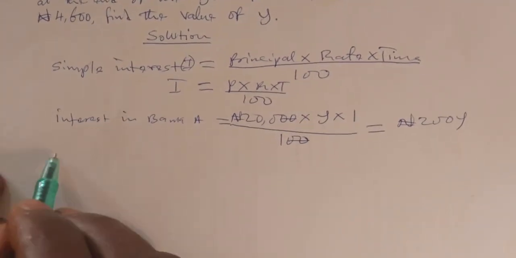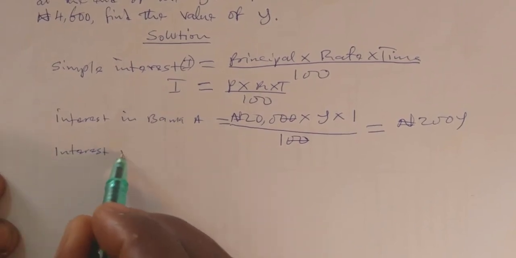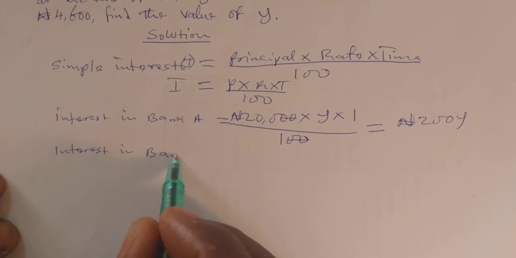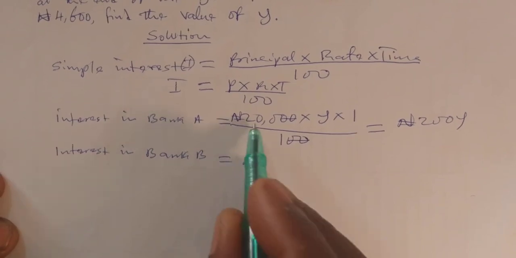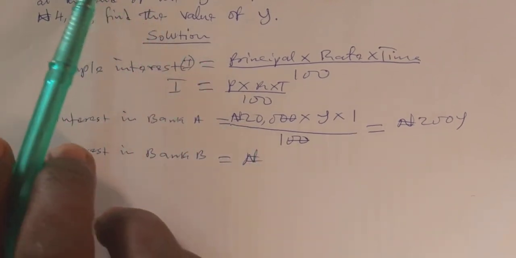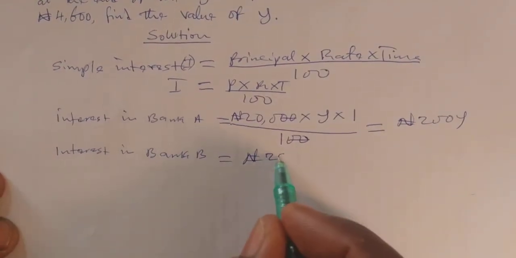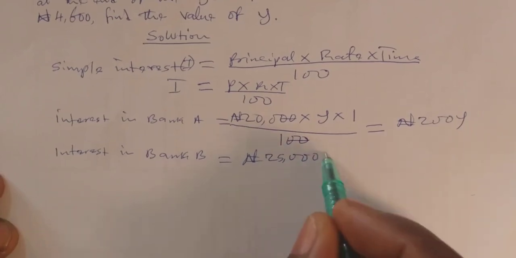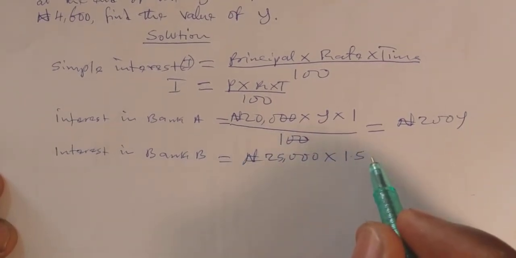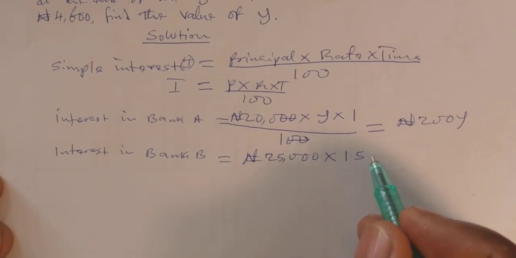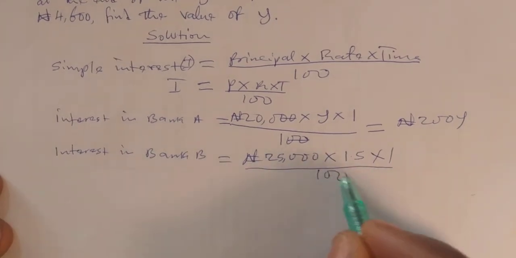So the next one is the interest in Bank B. The interest in Bank B will be equal to, the amount in Bank B given is 25,000 naira, multiplied by 1.5, then multiplied by 1, all divided by 100.